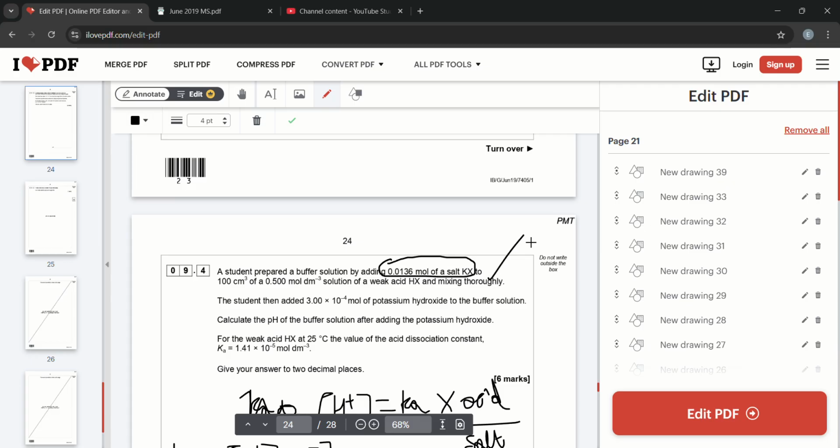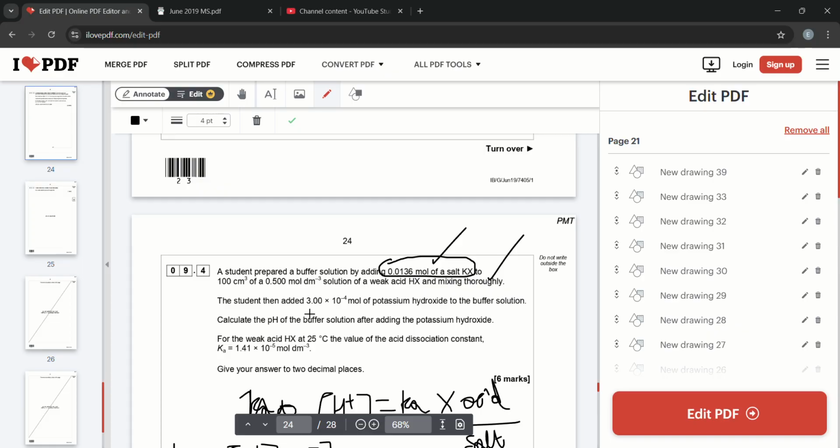Okay, we've got that already in the question. Then it's added 3.0 times 10 to the power minus 4 moles of potassium hydroxide to the buffer solution.